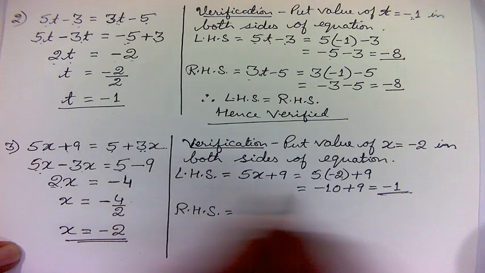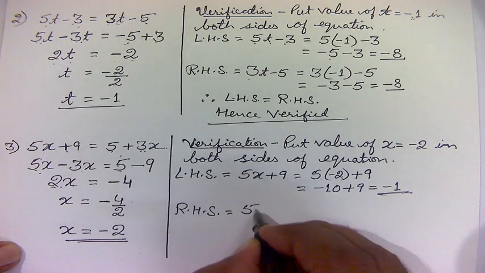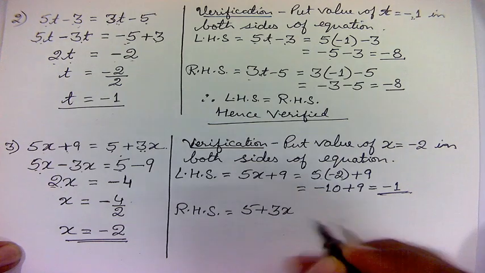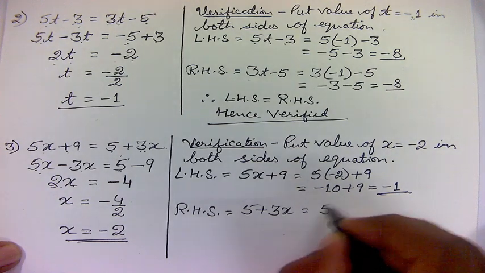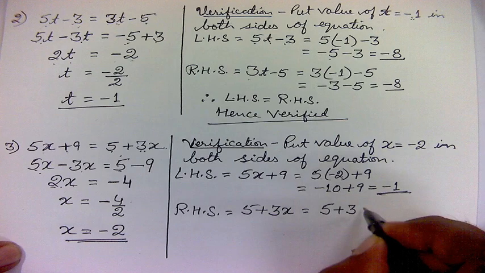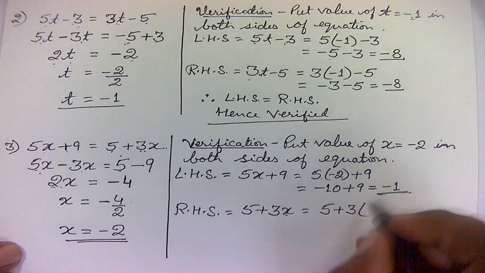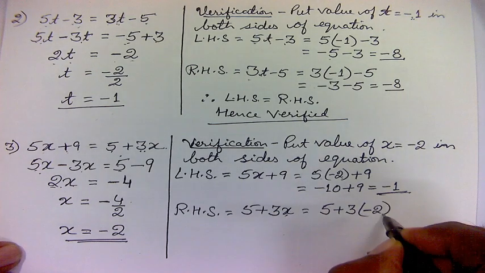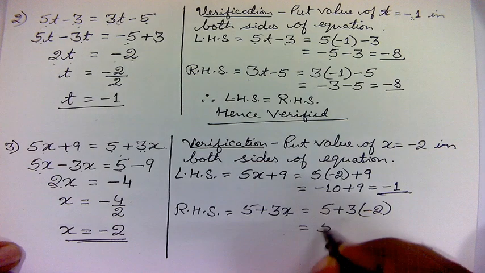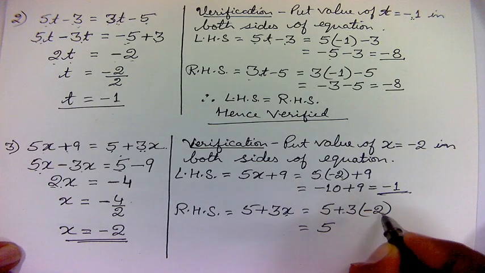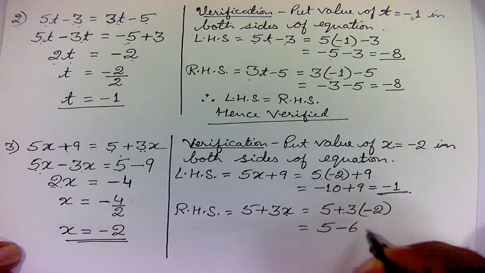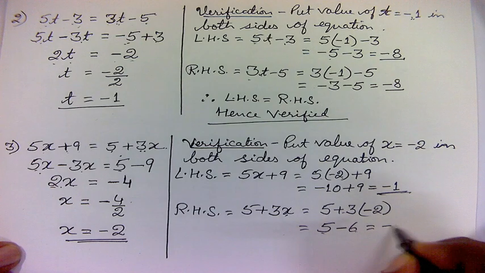Right hand side it is 5 plus 3x. So 5 plus 3 multiply x, the value of x is minus 2. So you get it as 5, now plus 3 multiply minus 2 is minus 6, and 5 minus 6 is minus 1.